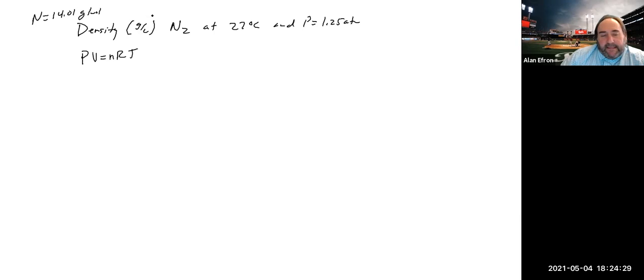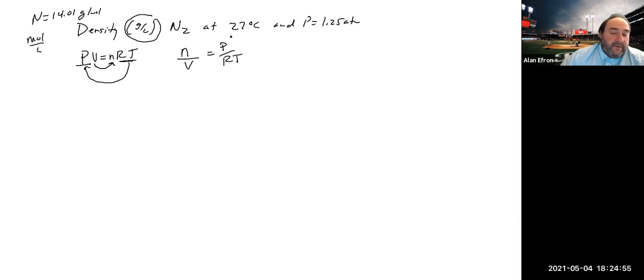Looking for density here, we really can start with trying to get to moles per liter, which is the molarity. That basically means that we're going to take the ideal gas law and solve for n divided by V. To do that, we divide the V to this side, we take RT and divide it back to that side. And when we do that, we end up with P over RT.